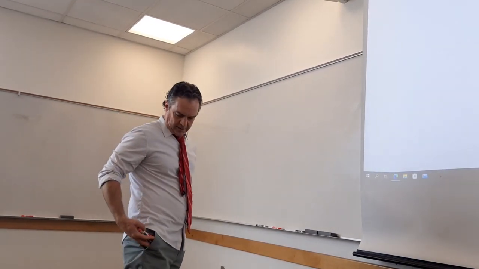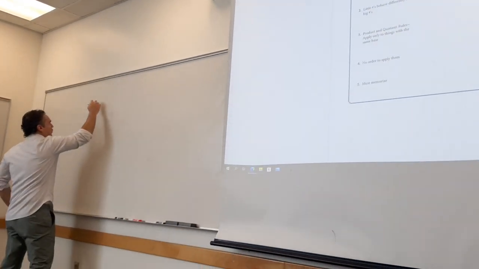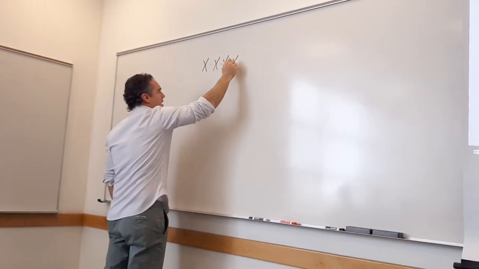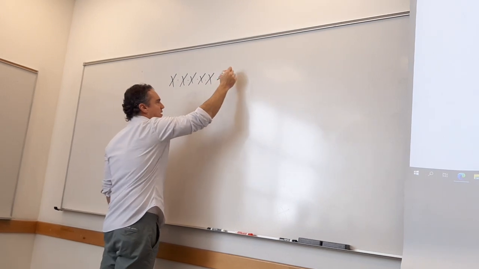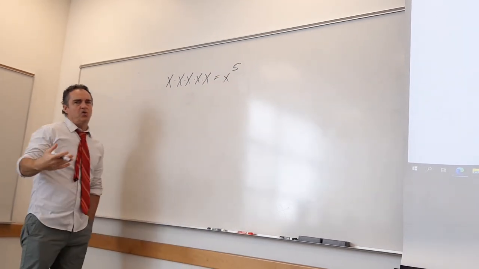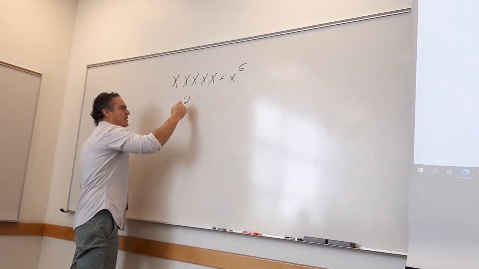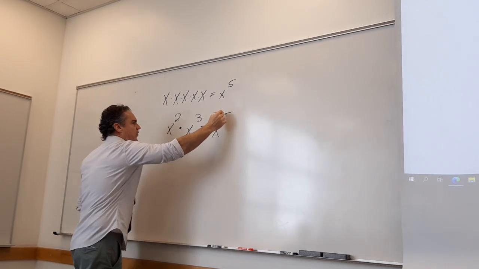So I like shortcuts. Okay, let's talk about what it means to be a shortcut. Well, first of all, wouldn't you agree that, x times x times x times x times x, you want to say that or write that? Or do you want to call it x to the fifth? That's a shortcut, right? Okay, look up here, please. We're going to learn today that x to the second times x to the third equals x to the fifth.